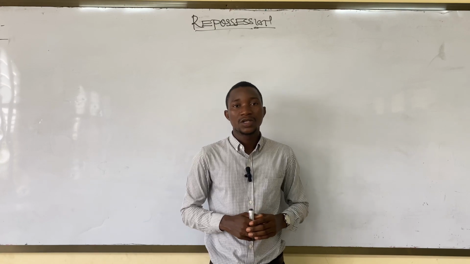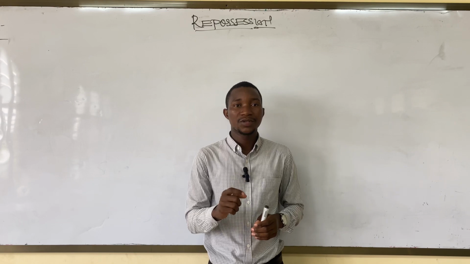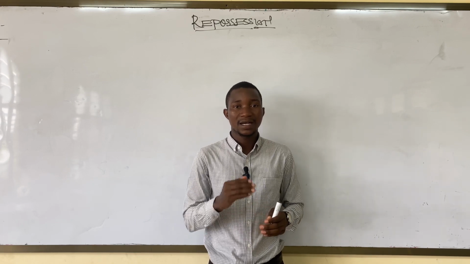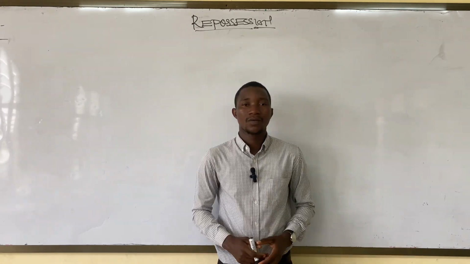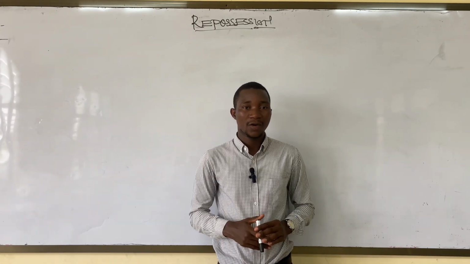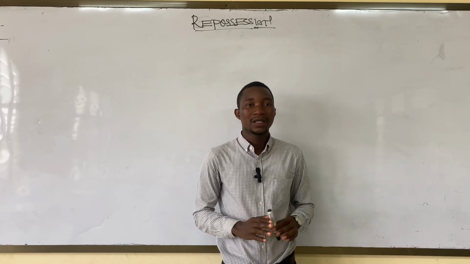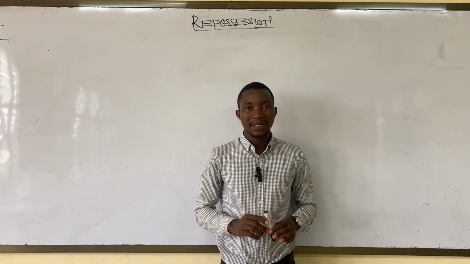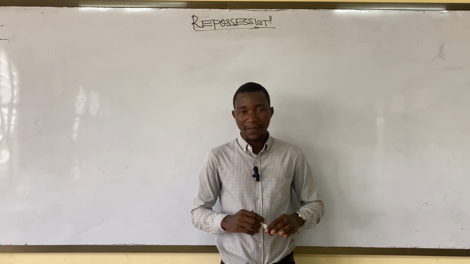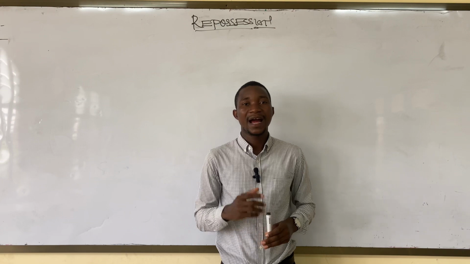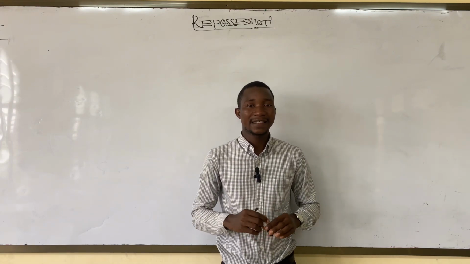So before we take a question on repossession, I would like to introduce you to the basic concepts and the accounting arrangement with regards to repossession. When we talk of repossession, this normally occurs when the buyer or the hire purchaser defaults on installment payment. That is where the buyer fails to pay any of the installment payments. When this happens, the hire vendor has the right to take over or repossess the item involved.